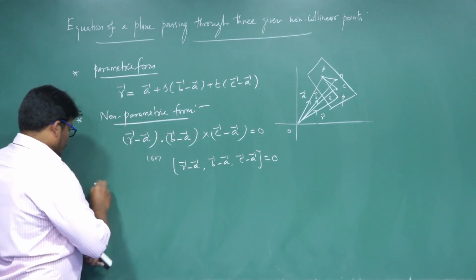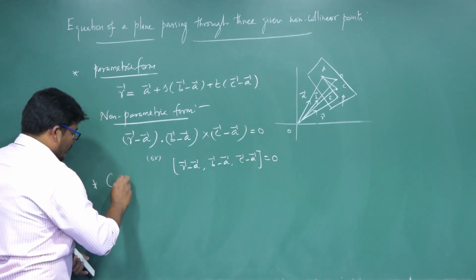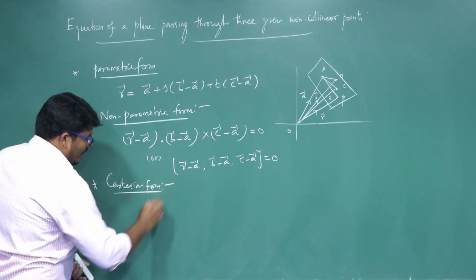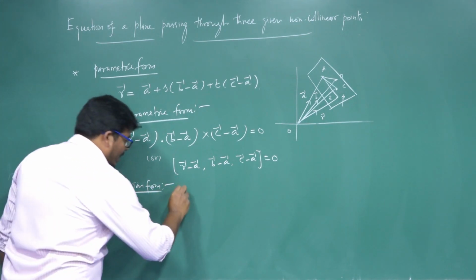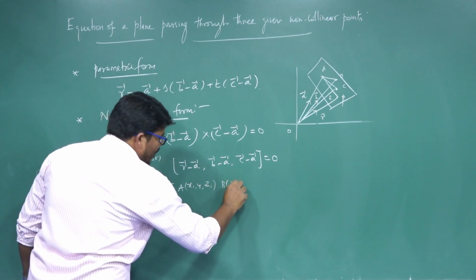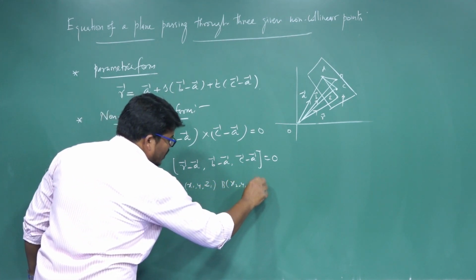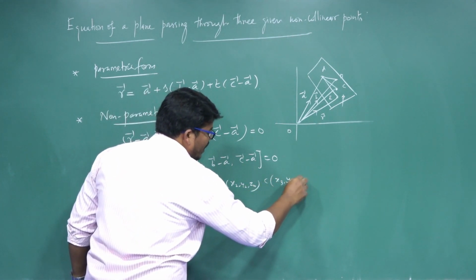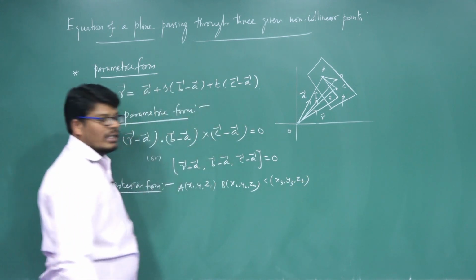And the third one, the Cartesian form, given three non-collinear points. The first point A is (x1, y1, z1), the point B is (x2, y2, z2), and the point C is (x3, y3, z3), the third point.